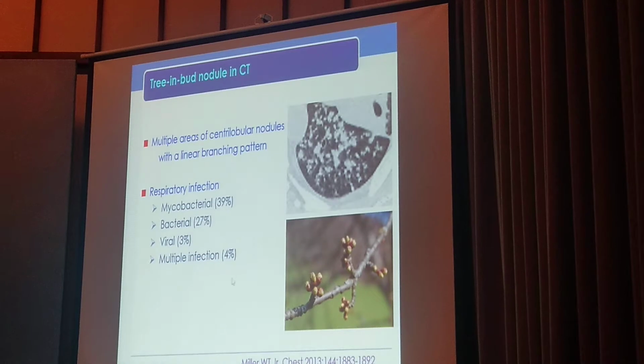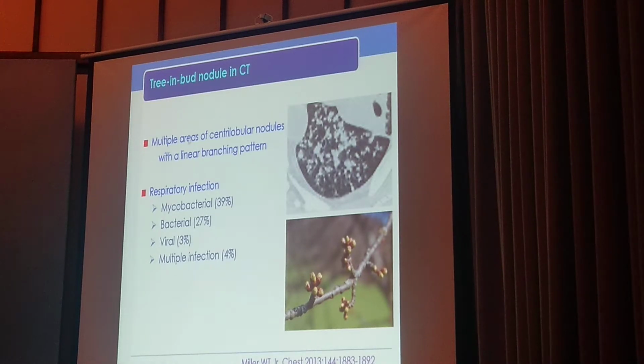But tree-bud nodules on CT are multiple areas of centrilobular nodules within a linear branching pattern, like this and like this. This is not a specific finding of tuberculosis. Only about 40% of tuberculosis cases show tree-bud nodules. Other diseases, such as bacterial, viral, and fungal infections, also have tree-bud nodules.